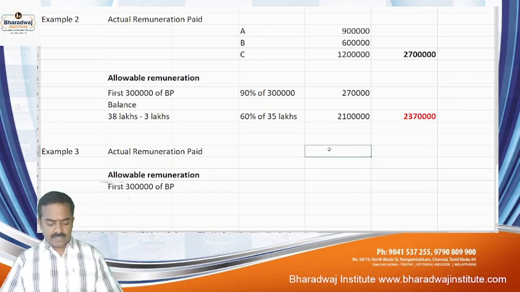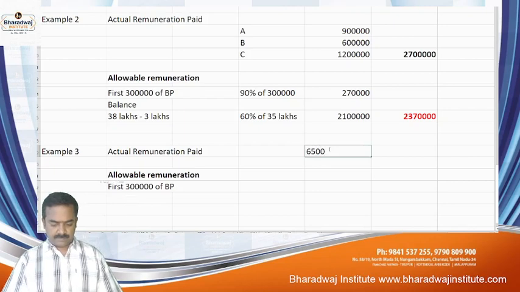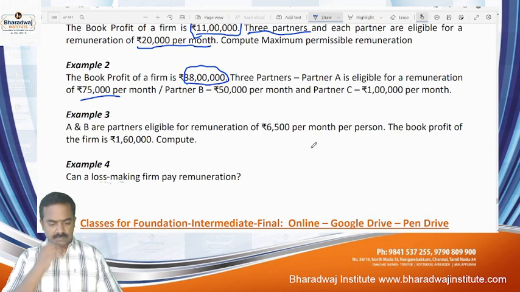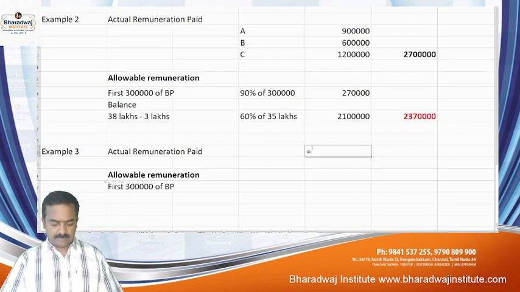What is the actual remuneration paid? 6,500 into 12. How many partners? 2 partners.